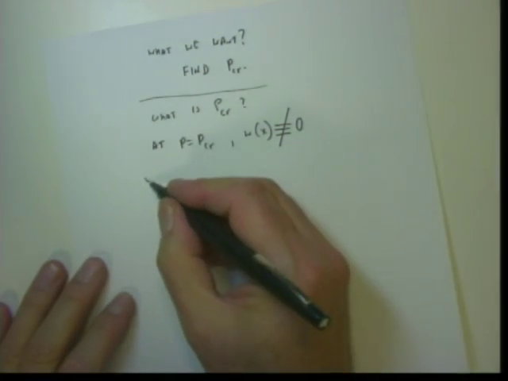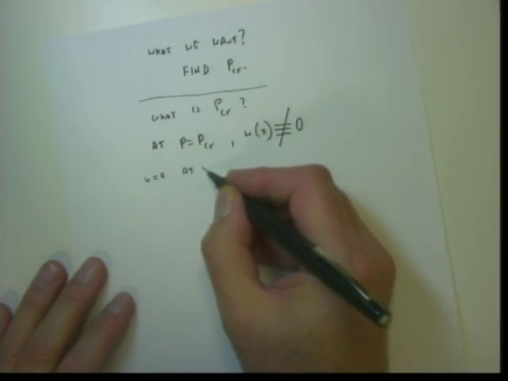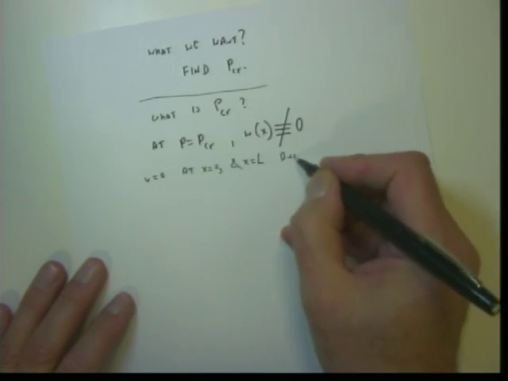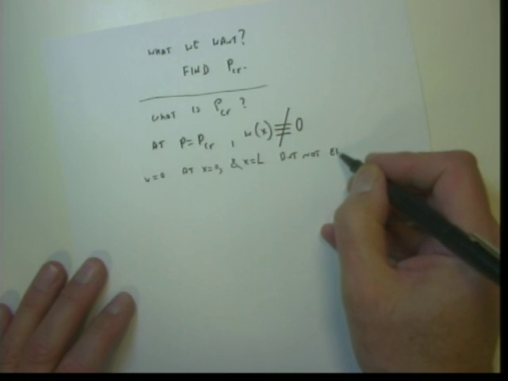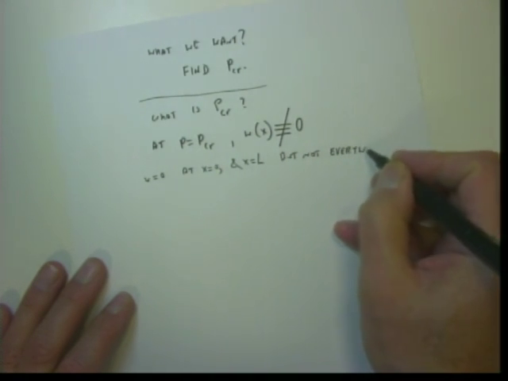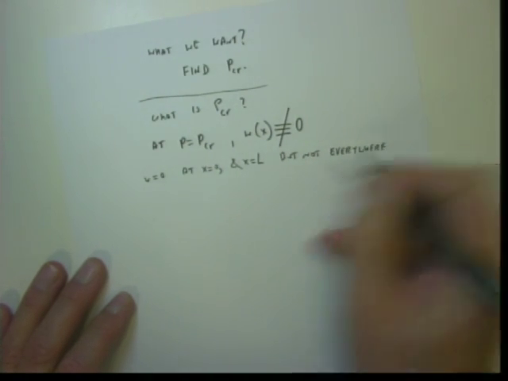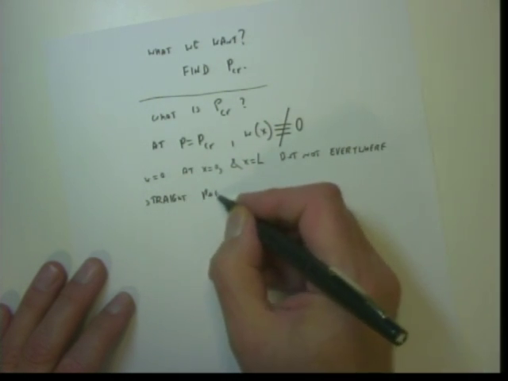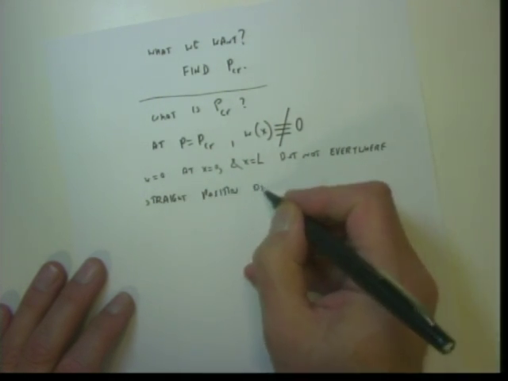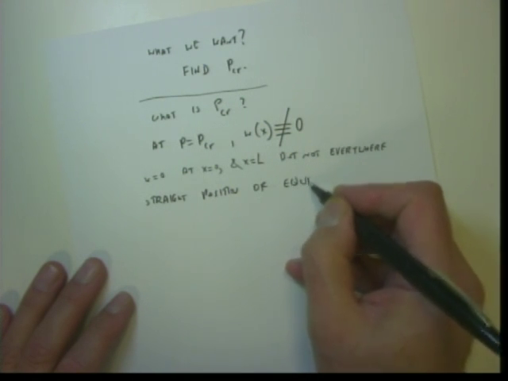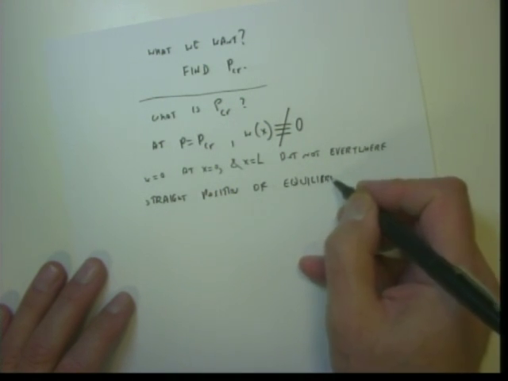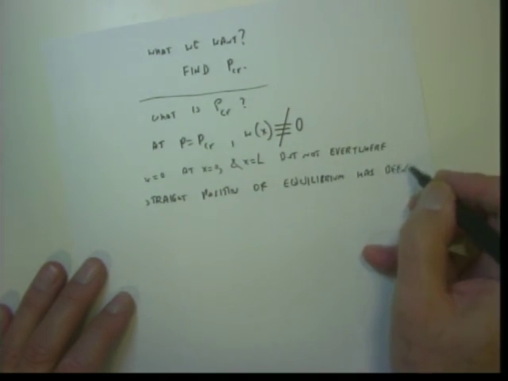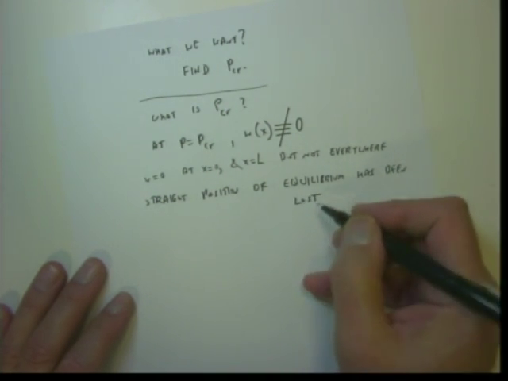Again, W equals 0 at X equals 0 and X equals L, but not everywhere. Straight position of equilibrium has been lost. Okay?